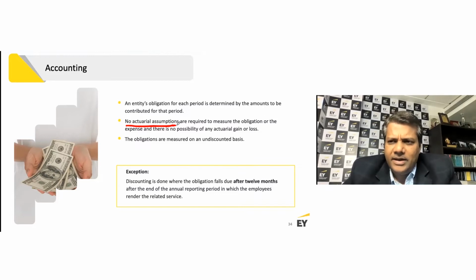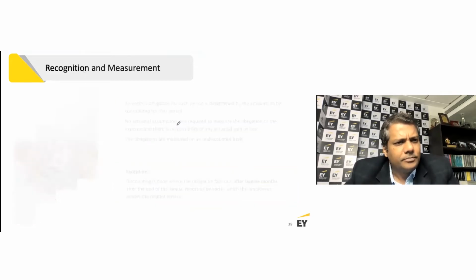But in IFRS or Ind AS, the general thing you should remember is that any liability, other than a non-monetary liability like income tax, generally gets discounted if it is due after 12 months.